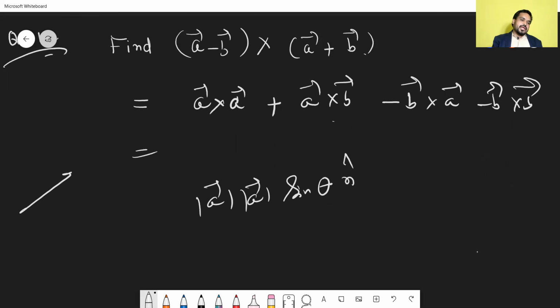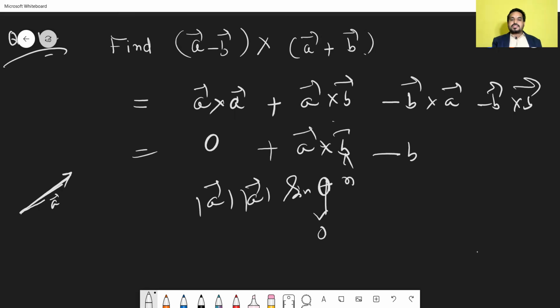But here, between a vector and the a vector again, what is the angle? Zero angle. So a × a is 0, plus a × b, minus b × a, and this is plus a × b.